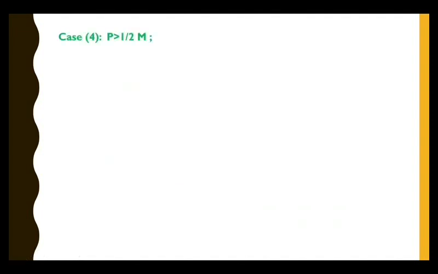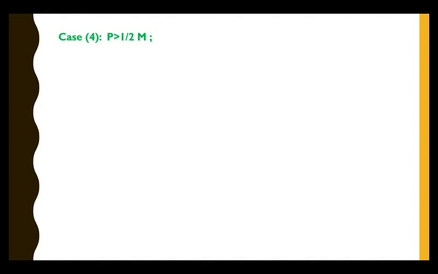Case 4, when P is greater than half M. Here I'll tell you one small technique. When P is greater than half M, one thing is certain: P is equal to half M, when carbonate is already present. When P is greater than half M, there is one more ion which is identified by phenolphthalein indicator.